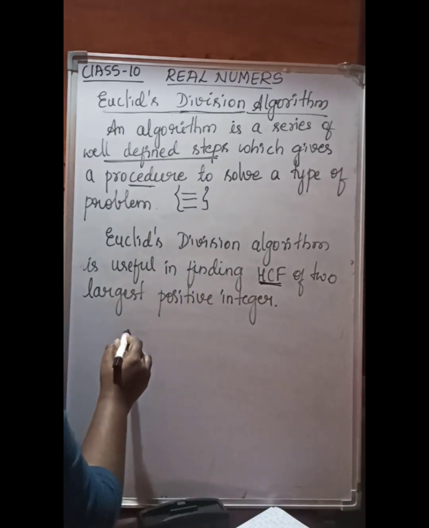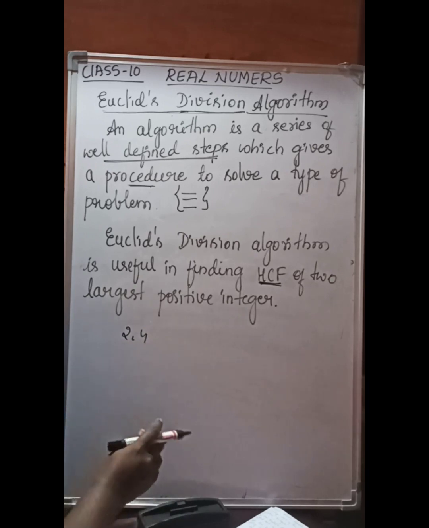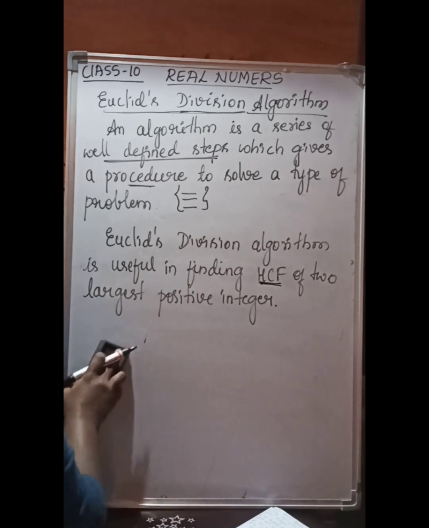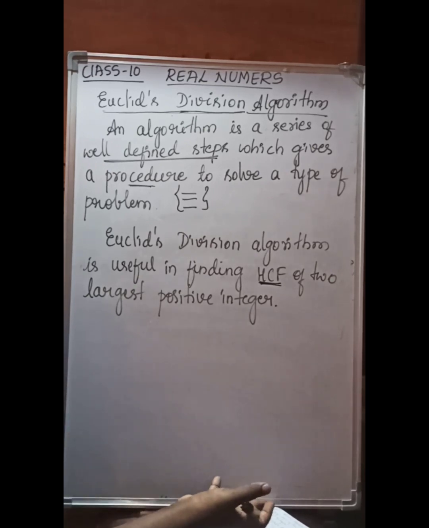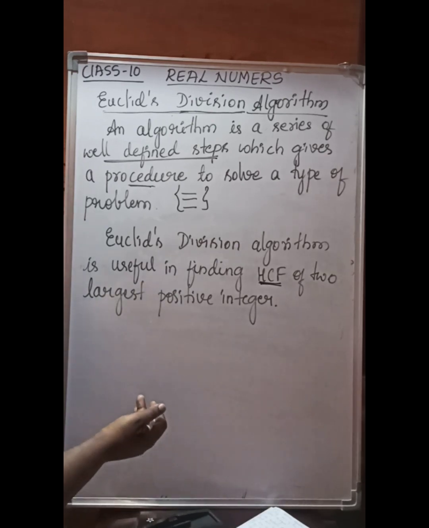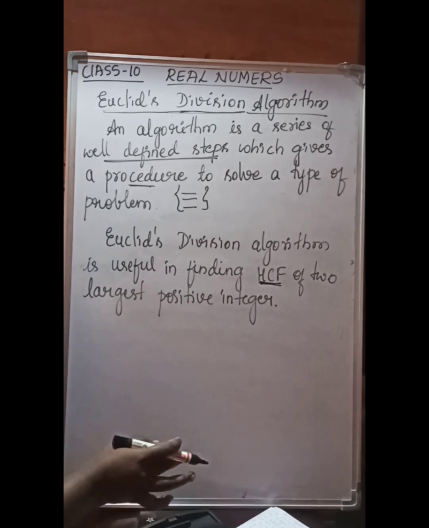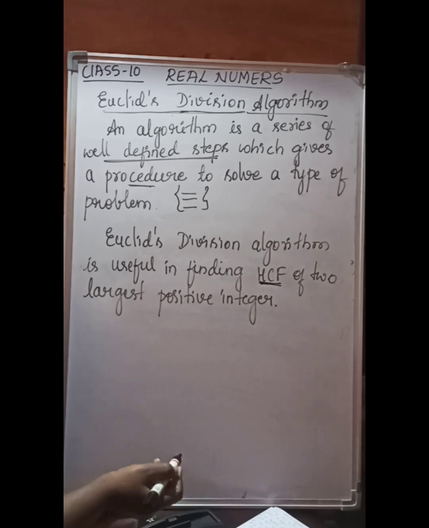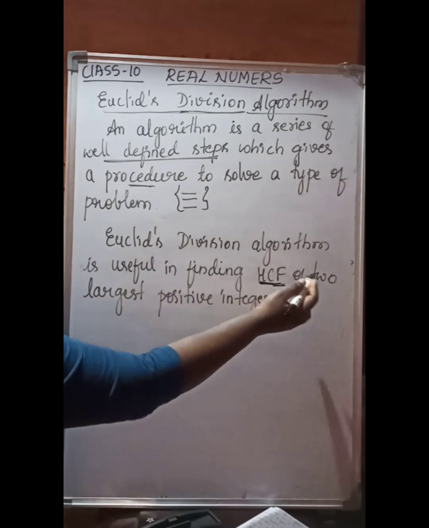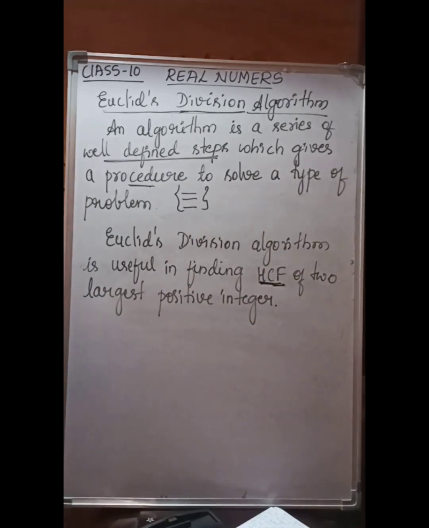Clear? If it is 2 and 4, it is very easy to calculate, right? What if they give 1000 and 2000, 10,000, lakh? It is very difficult, right? So at that time we will use this Euclid's division algorithm to find the HCF of two large or greater positive integers. Now we'll solve a few examples, you will understand it easily.